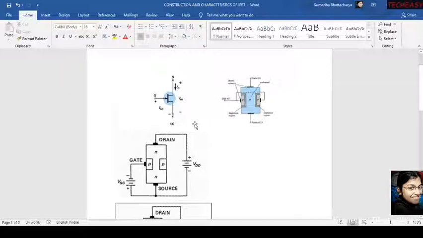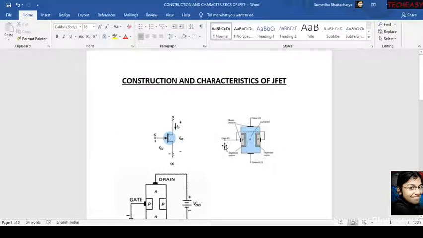First of all, we can see the structure of JFET, so we can remember the symbol. See this structure. This is the gate side, this is the source side, and this is the drain side. So we can consider that the JFET has three terminals: the gate terminal, the drain terminal, and the source terminal.